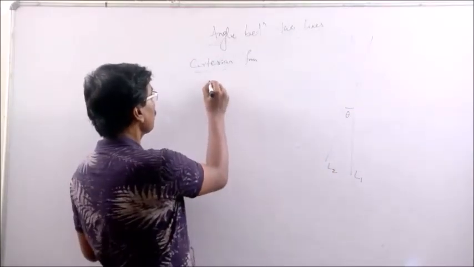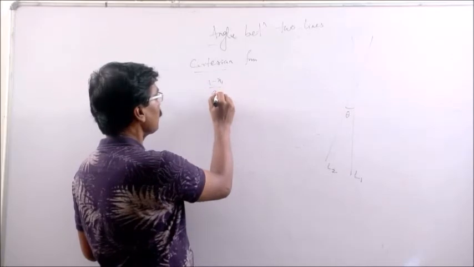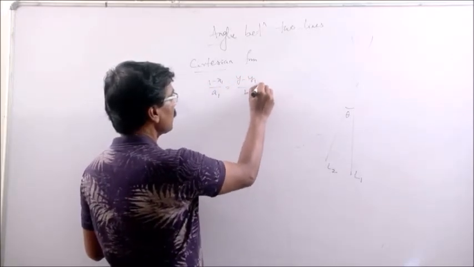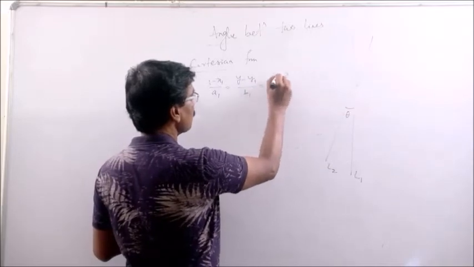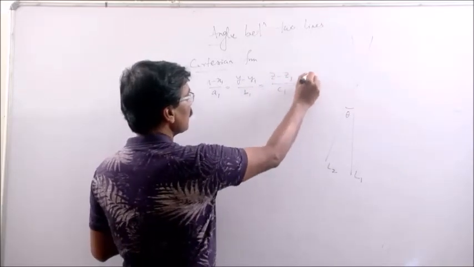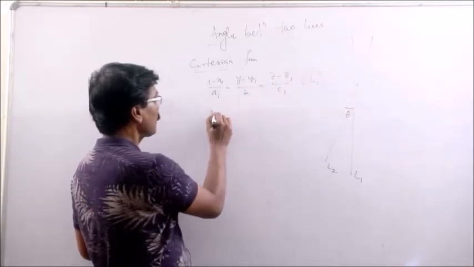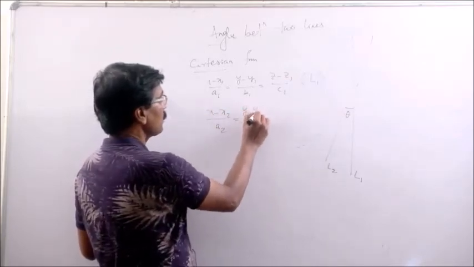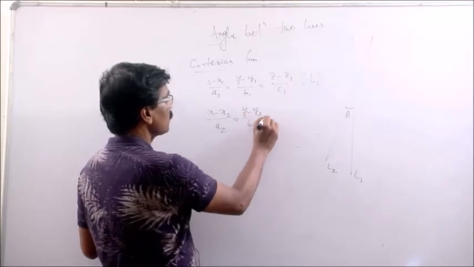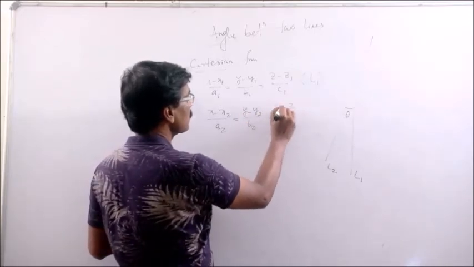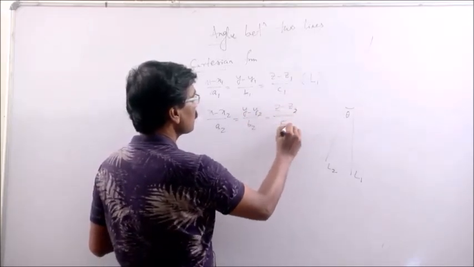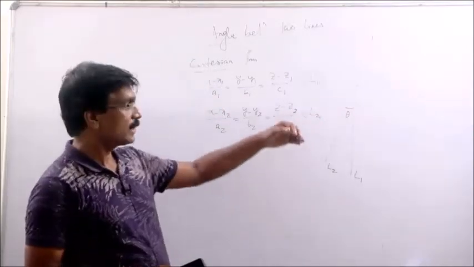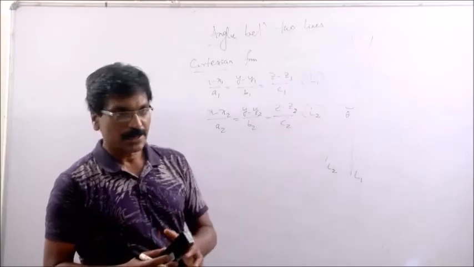Line L1 is (x minus x1) by A1 is equal to (y minus y1) by B1 is equal to (z minus z1) by C1, and line L2 is (x minus x2) by A2 is equal to (y minus y2) by B2 is equal to (z minus z2) by C2, and the angle theta is between L1 and L2.